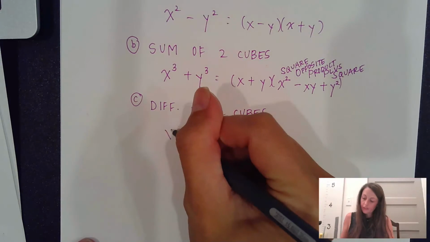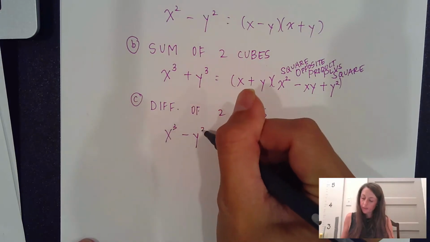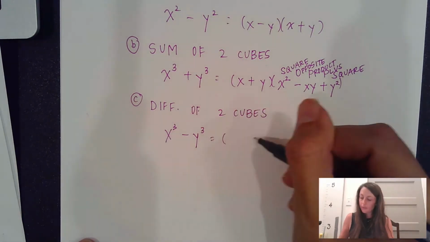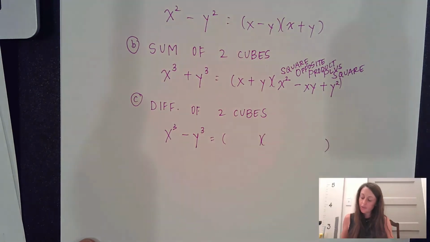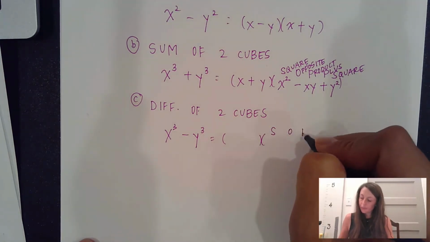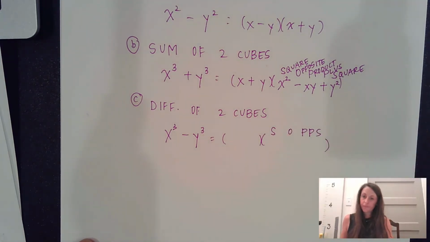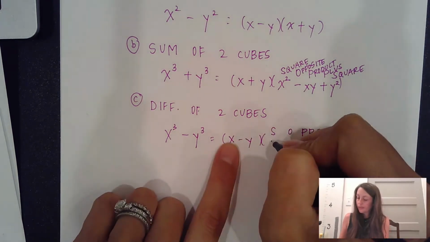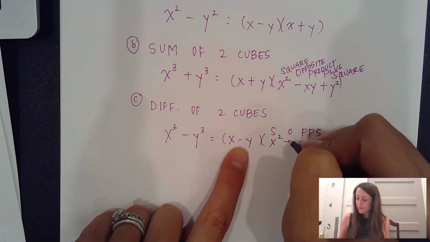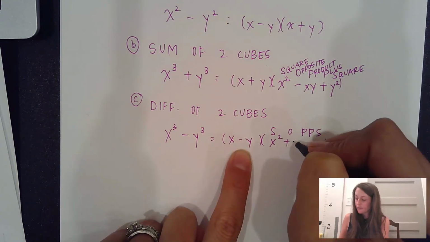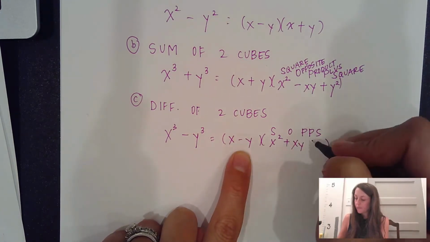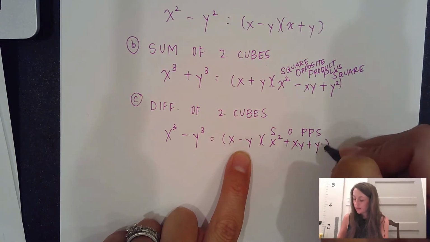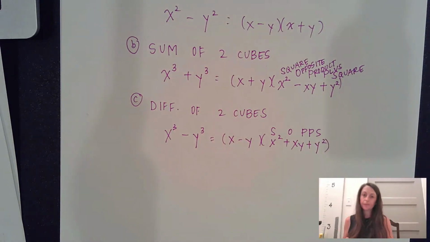So you can have x cubed minus y cubed. It's the same thing, a binomial times a trinomial. So just remember your SOPs. It's the first term squared, opposite, so it's going to be a plus sign there. The product of the two, so it'll be x times y. Always a plus sign, and then the last term squared. Okay.